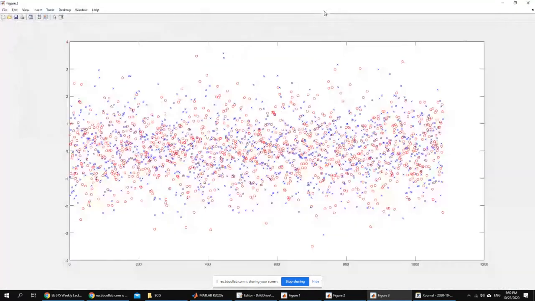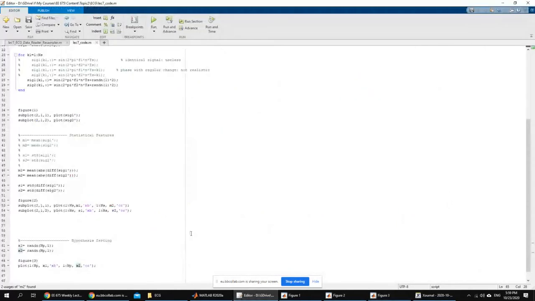Basically, they both have the same mean and the same standard deviation. Let's see if the t-test will detect that. The t-test is written like this: h and p, any variables you want, equal to ttest2 of x1 and x2. That's it.